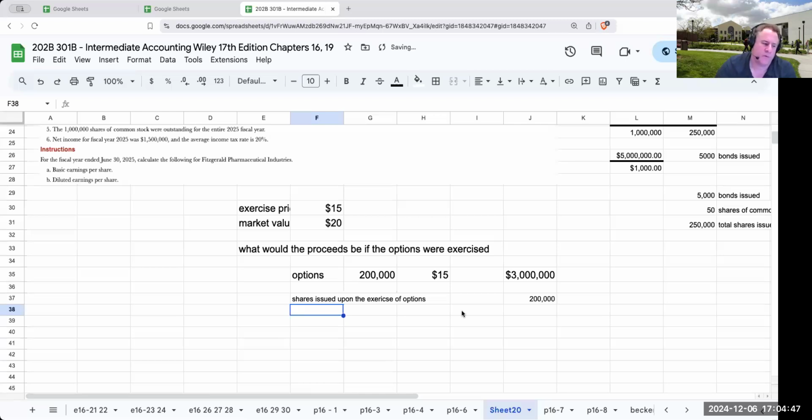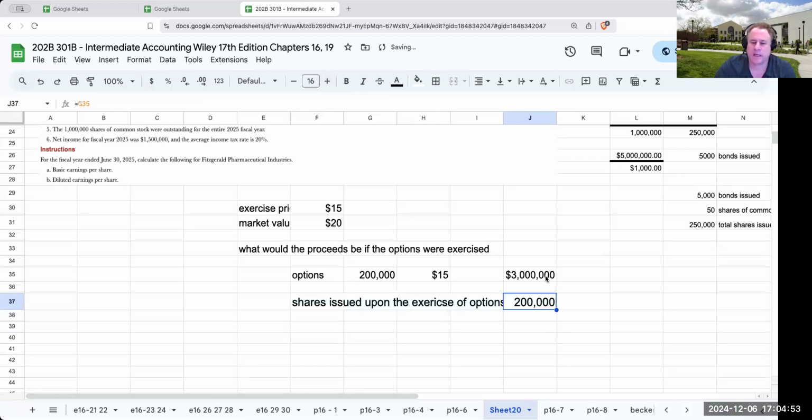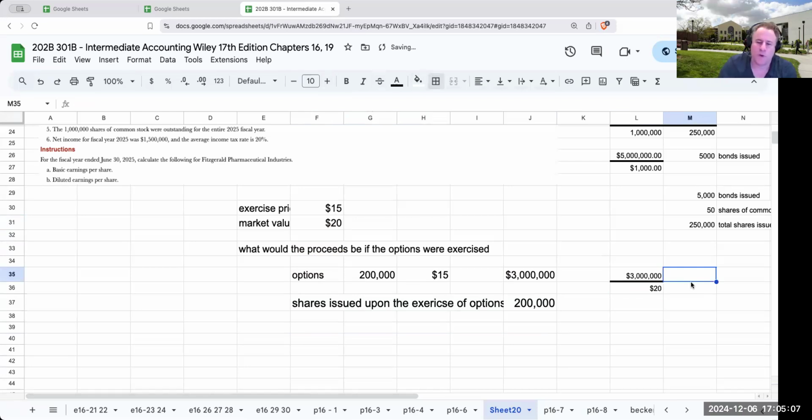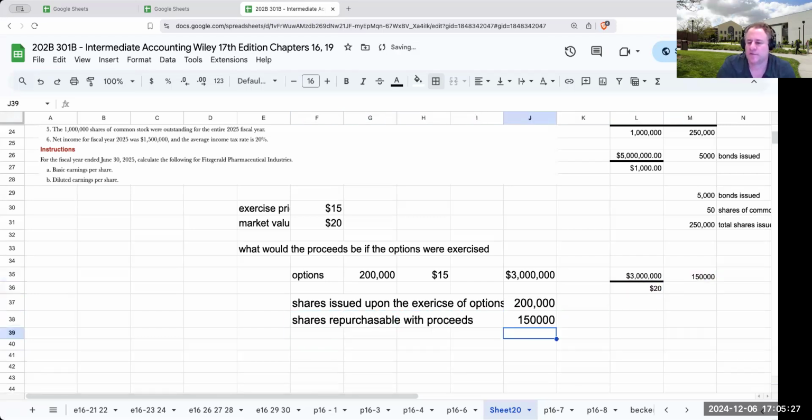Now, the real question becomes: if we were to go out and repurchase these shares on the open market at the current market price of 20, how many shares would this amount to? Well, if I spent $3 million, I would be able to buy shares at 20 per share. So the shares repurchasable with the proceeds would be 150,000.